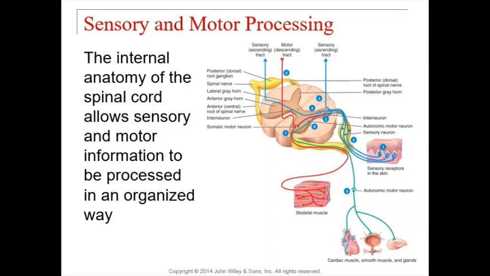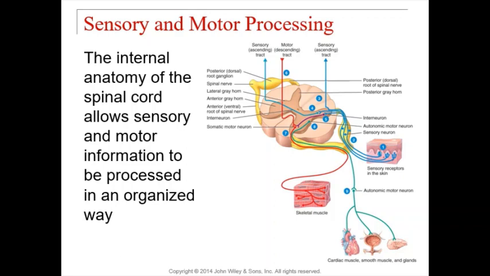We even name the pathways in which we send information. Descending tract, aka motor tract, is you sending motor information away from the brain towards your muscles. Or your sensory tract or ascending tract is you sending sensory information up to the brain. So that's a little bit more hints on the physiology of the spinal cord.